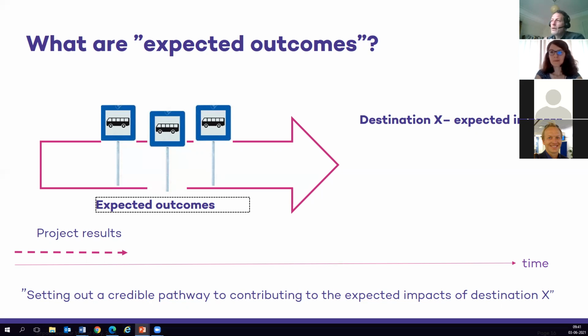It is important that you show that you will pave the way for them in order to convince the evaluators. It's important that you try and break down these outcomes into concrete stepping stones for your individual projects.